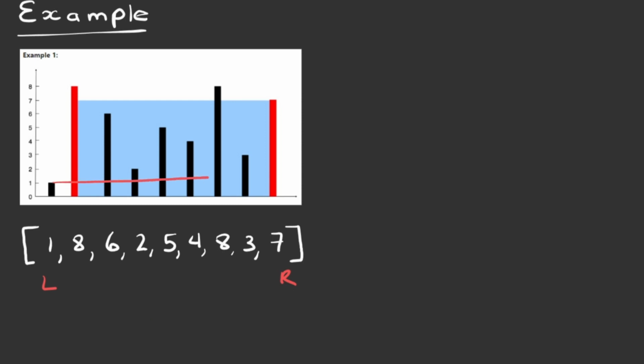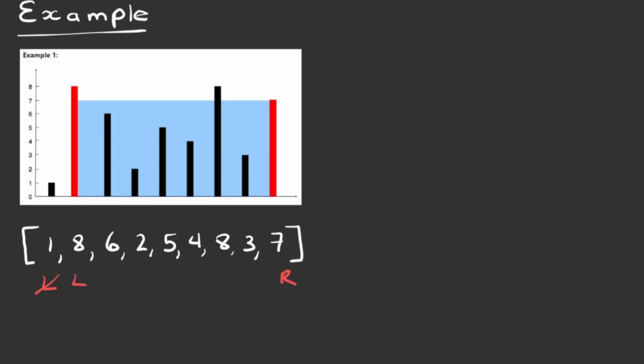So the water container will be formed something like this. And it will simply contain the width, which is just R minus L, times the minimum height. And the minimum height in this case is 1. Then we can go ahead and increment or decrement the pointer which is the lower of the two. So in this case, 1 is less than 7, so we increment the left pointer by 1.